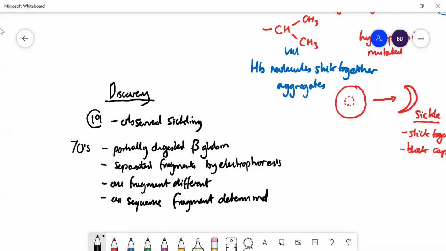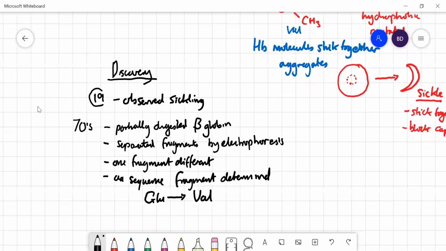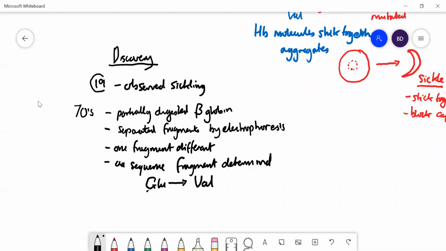And that's where they spotted the glutamic acid residue was swapped for a valine residue. So they were pretty confident that these global changes to red blood cells were caused by this change from the amino acid glutamate to valine.